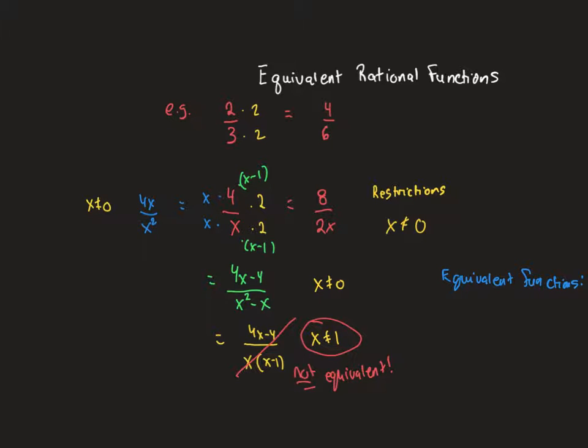So equivalent functions, there are 2 rational expressions or functions that, number 1, top and bottom are multiplied by the same value.